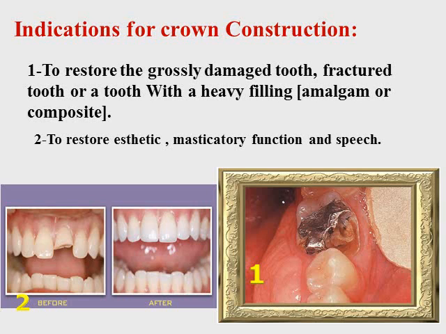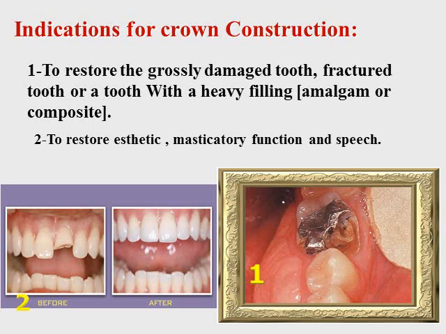The second indication is the restoration of the aesthetic and the mastication, or the function of speech. The speech and aesthetic are mainly affected when we have a case of anterior damage of the teeth.